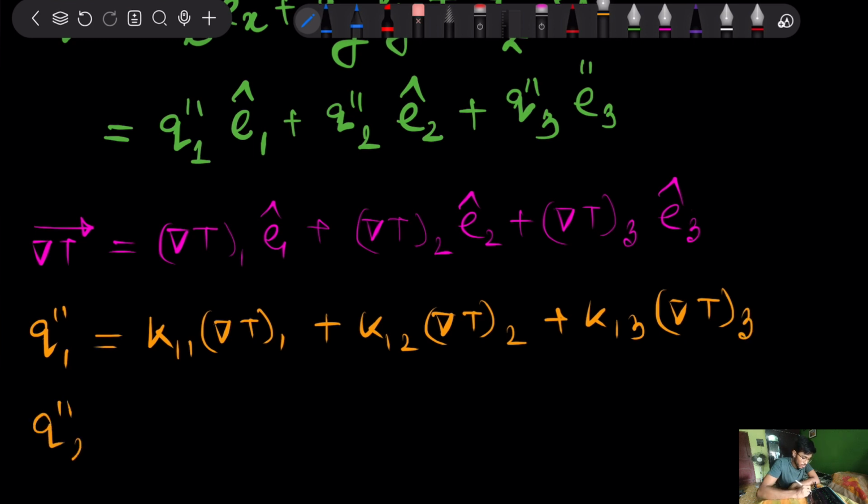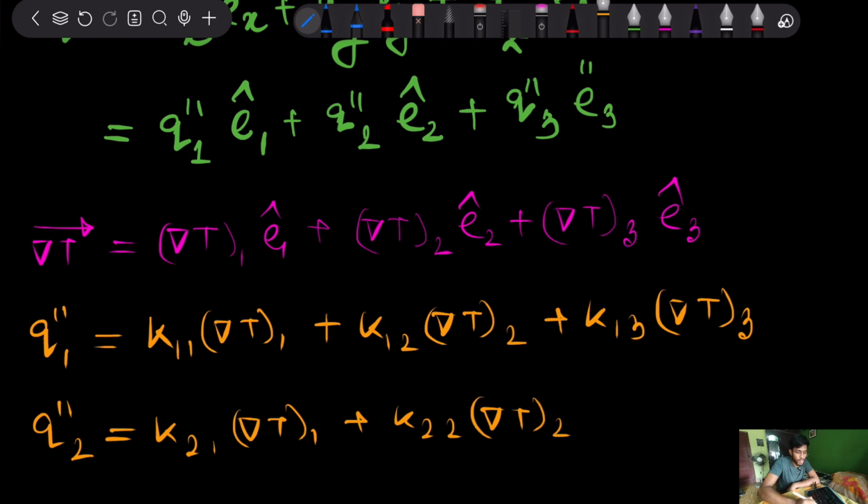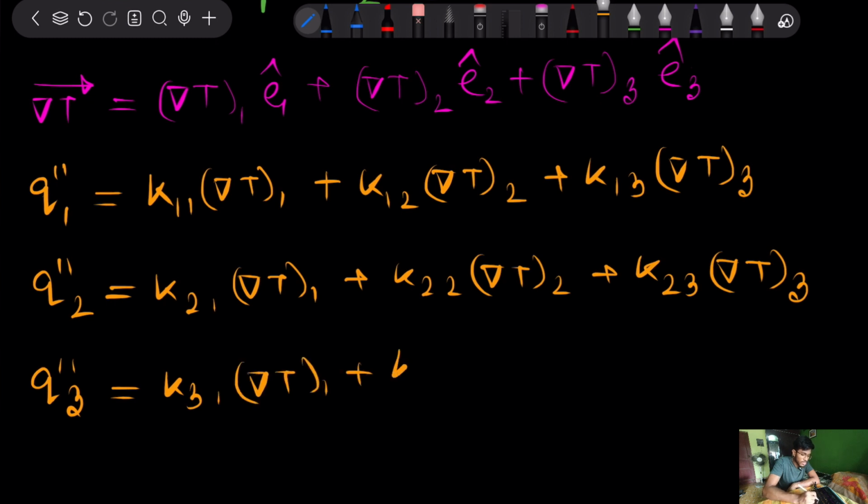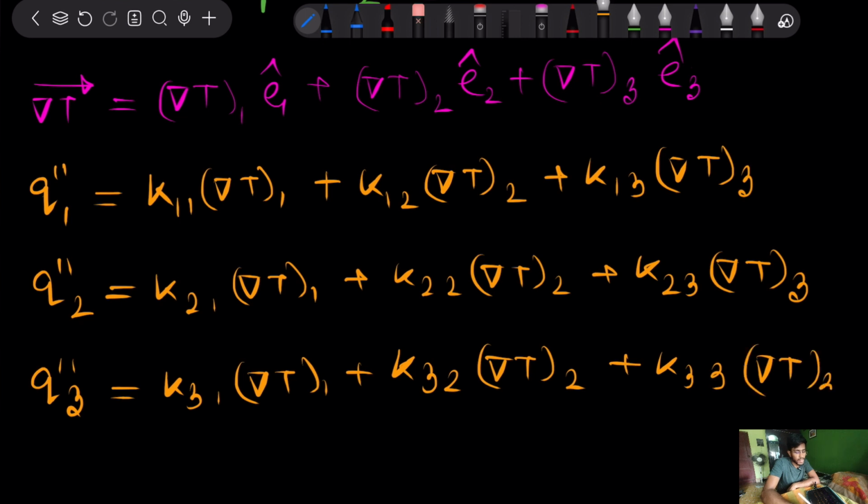Then my Q2 double prime will be K21 del T1 plus K22 del T2 plus K23 del T3, and my Q3 double prime will be K31 del T1 plus K32 del T2 plus K33 del T3.